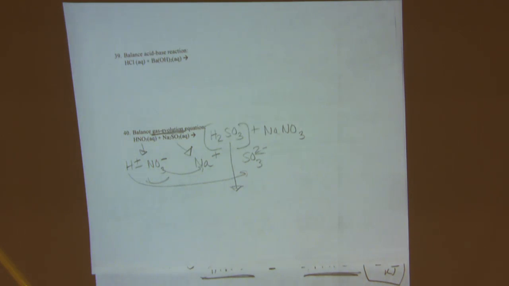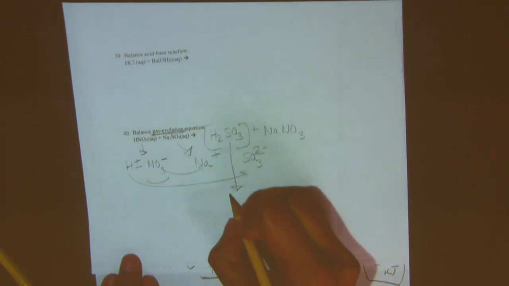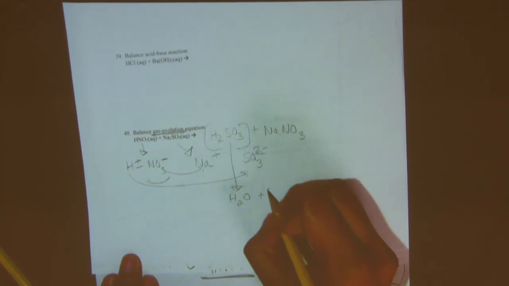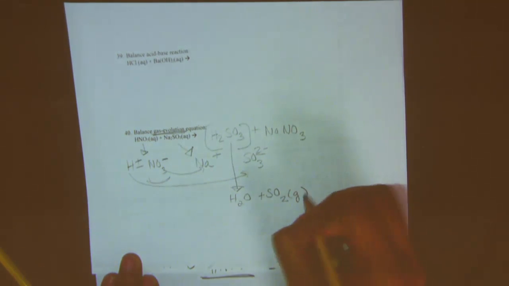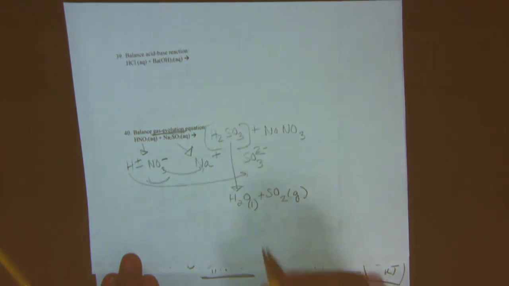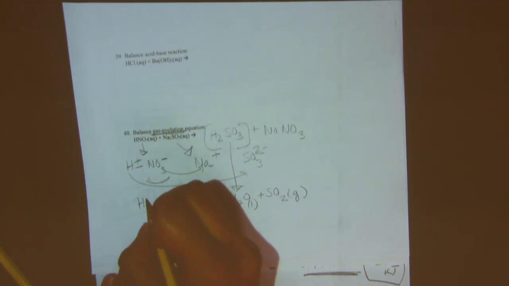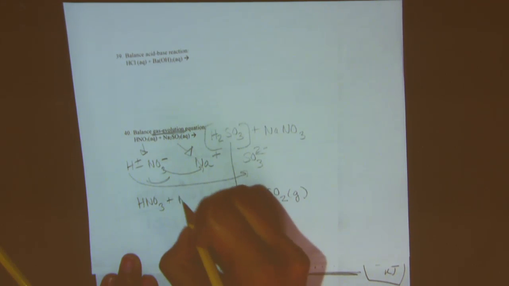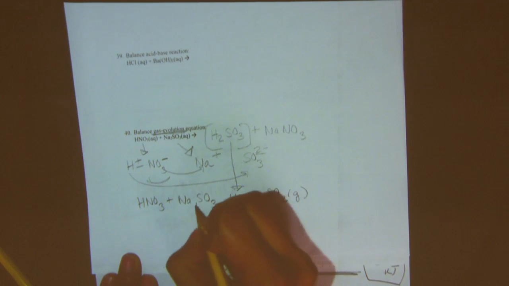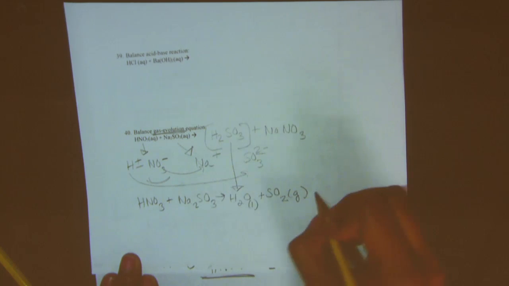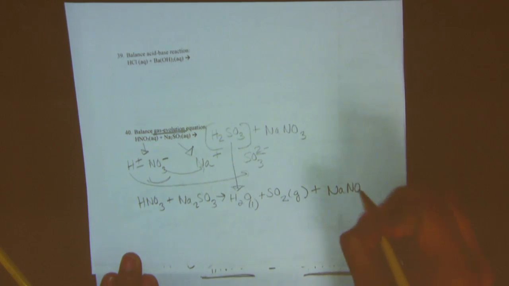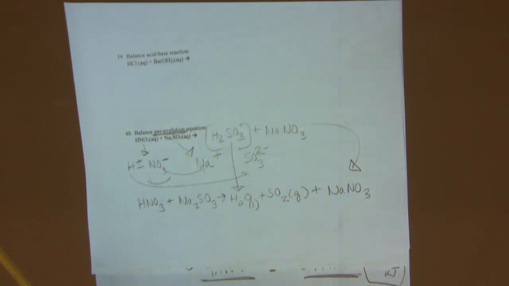So what does H2SO3 break down into? Exactly. Thank you. Same process, but you just have to go that extra step. Plus NaNO3. So I'm just rewriting the whole equation here.